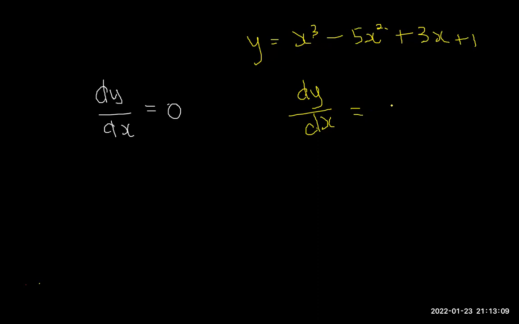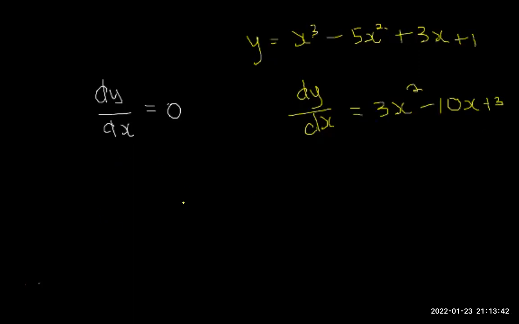What's the differential of x cubed? 3x squared. The differential of minus 5x squared? Minus 10x. Okay, plus 3.